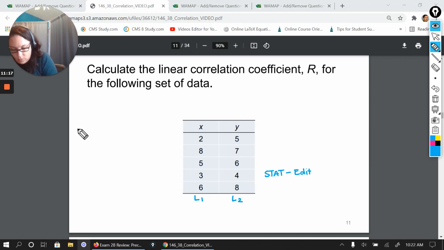Then you will go to Stat and then Tests, and then choose Linear Regression T-Test.